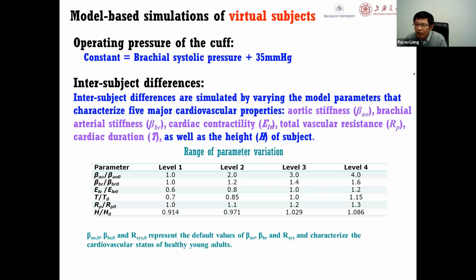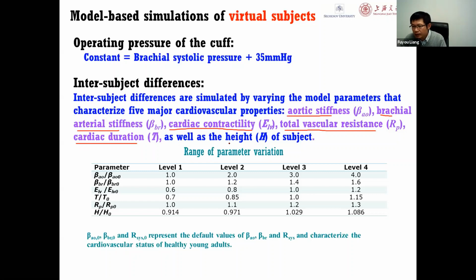In our model, we change some model parameters to represent the inter-subject differences. These model parameters characterize 5 major cardiovascular properties like aortic stiffness, brachial artery stiffness, cardiac contractility, total vascular resistance, and cardiac duration.